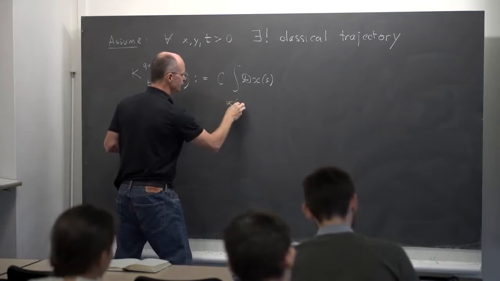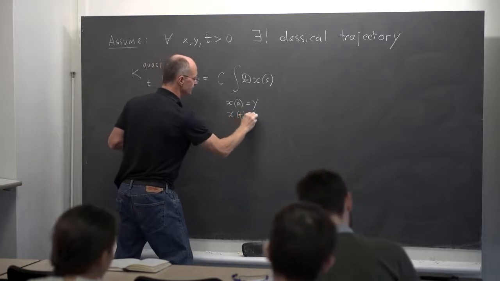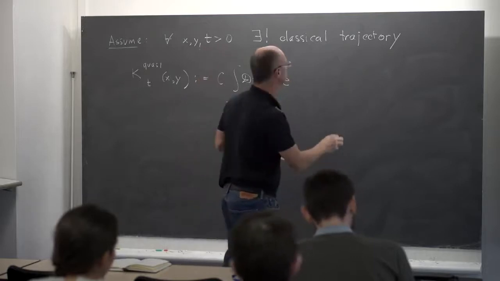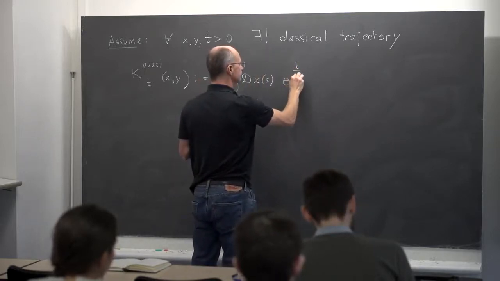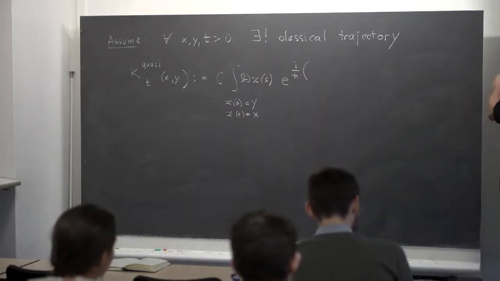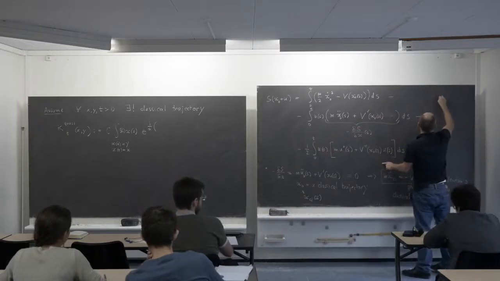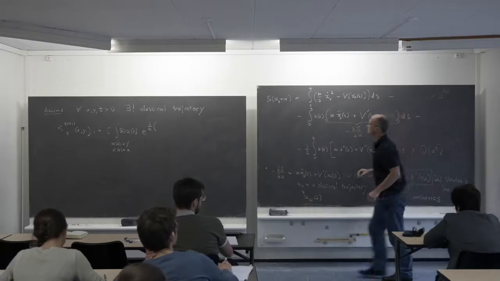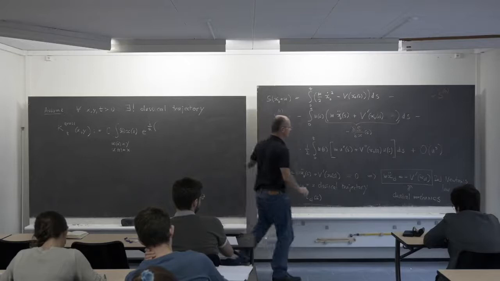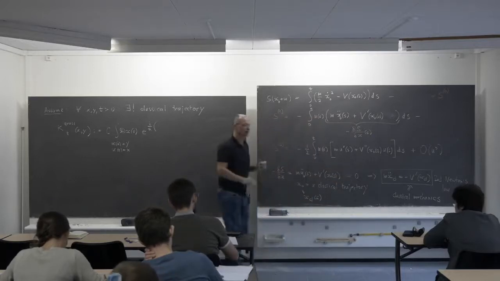Again, as an integral over trajectories. Here we again put the same conditions: x of 0 equal to y, x of t equal to x. And here, let's do the following. Let me introduce the notation. Say that this first term is S0, the second term is S1, and the third term is S2.